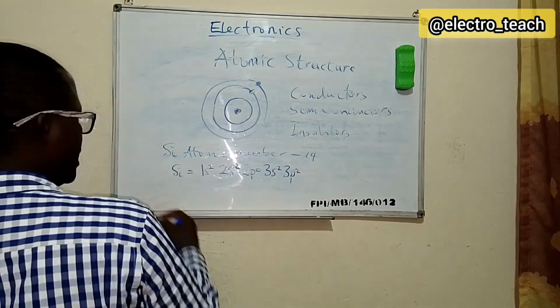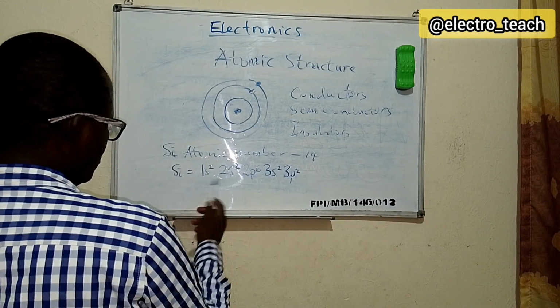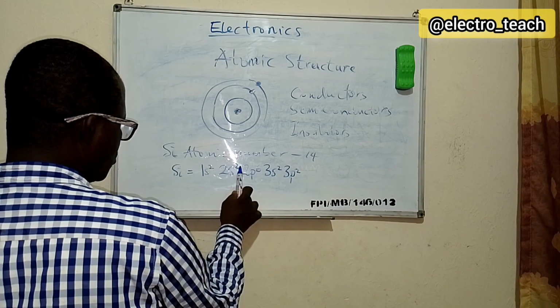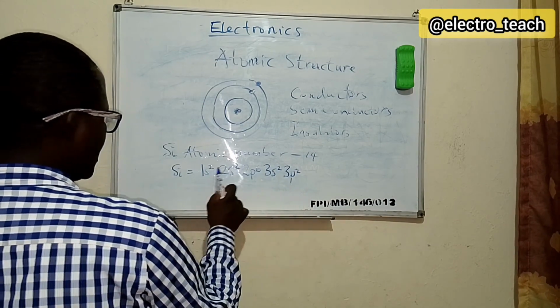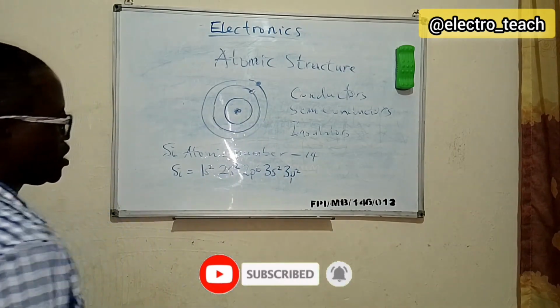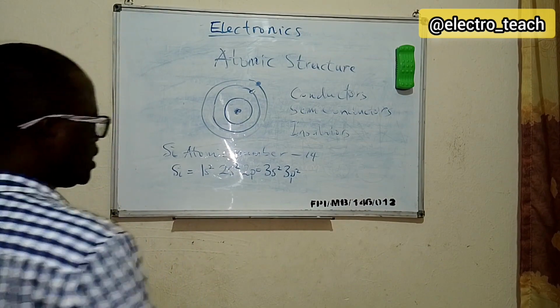So this is the electronic configuration of a silicon atom. You can see that we have 2 plus 2 plus 6 plus 2 plus 2. Those are the total number of electrons, and we have 14. That is a silicon atom. All right.